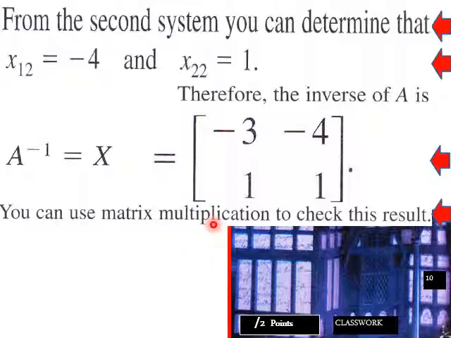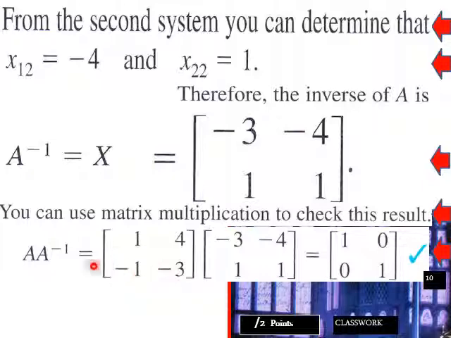You can use matrix multiplication to check this result. So A times the inverse of A equals 1, 4, -1, -3, multiplied by -3, -4, and then 1 and 1. When you multiply these two together, we will get 1, 0, and 0, 1.